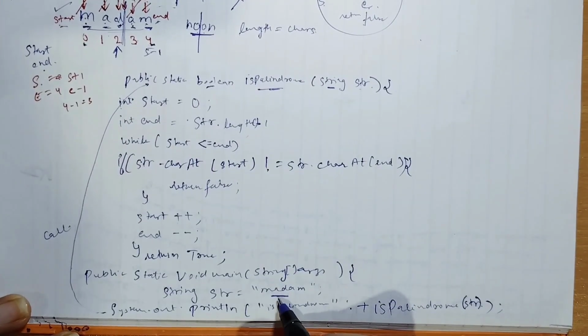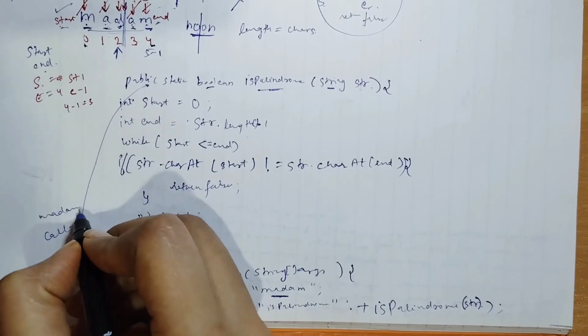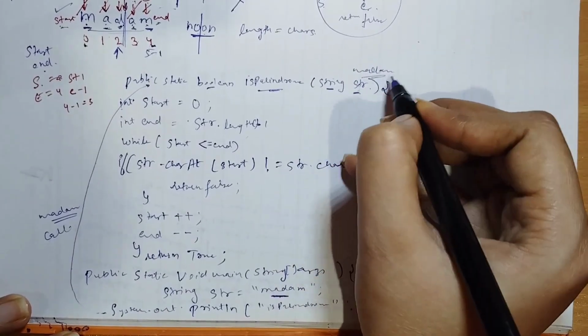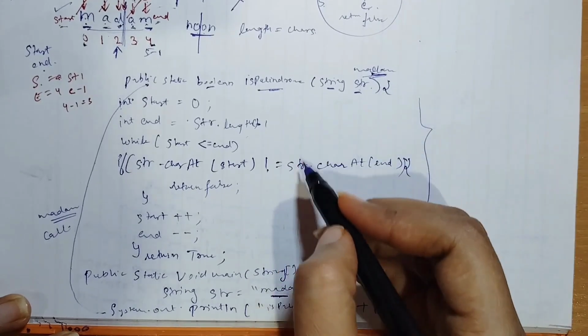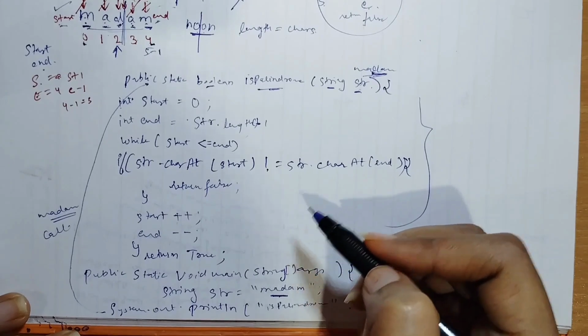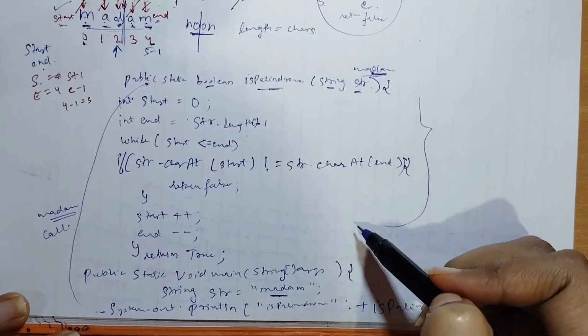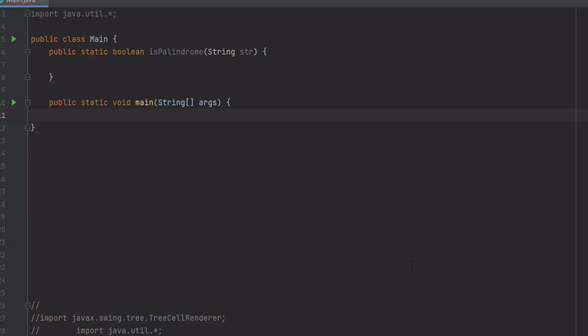The input will be madam, and this input will be stored in str, and now this whole code will check whether madam is a palindrome or not. If it is, it will write true, and if we pass laptop, then it will give our output false. So now we will write our code in our code editor so we can check whether our code is right or not.